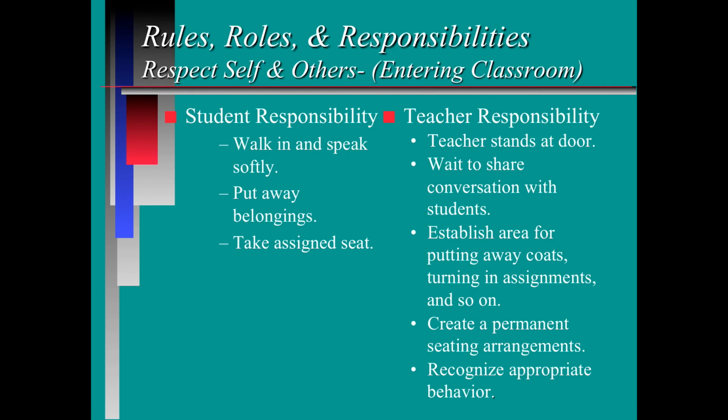Here's another example for entering the classroom. Respect self and others. Students are to walk in, speak softly, put away belongings, take assigned seats. Very reasonable, and again, those are very specific to entering the classroom. Okay, that is what respect self and others looks like when we walk into the room.